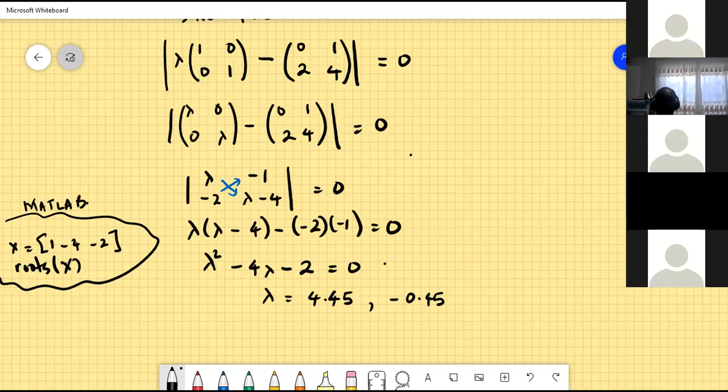All right, so these are my eigenvalues, the same thing as the roots of the characteristic equation.